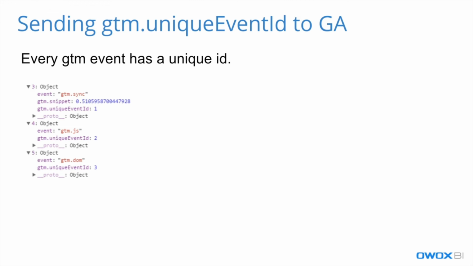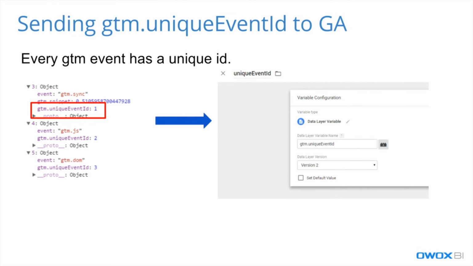For every user, the GTM ID is calculated independently. So for each user, it starts from the first actions in the session and continues after that. And then you can create a data layer variable.